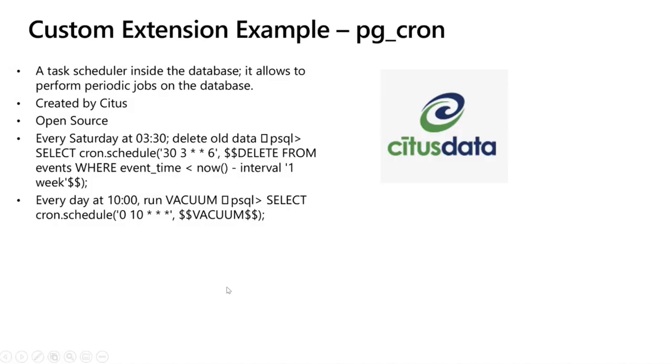All right, a typical custom extension example, not one that's placed under contrib, is pg_cron. A number of products, like SQL Server, have a task scheduler built into them. Postgres does not have a task scheduler, but you do need to schedule maintenance and other tasks with the database.